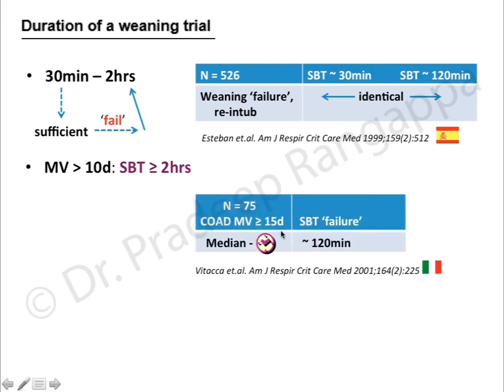This was an Italian study in 75 COPD patients who were mechanically ventilated for more than 15 days, and the median duration was 120 minutes to indicate that possibly they would fail or not. So they said 120 minutes, 2 hours, as a trial would be a good duration to determine whether they are going to fail or succeed.